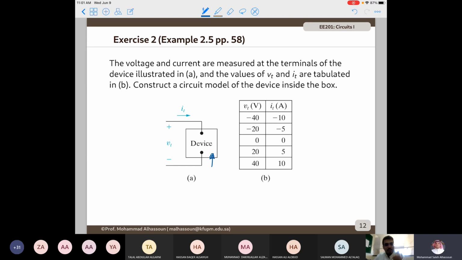Then we changed the voltage to negative 20, and we found that the current is negative 5. If we didn't apply any voltage, then we didn't have any current. And we continued this, so we created a table of applied voltages and measured current. And what we want to do is model this device as the following.